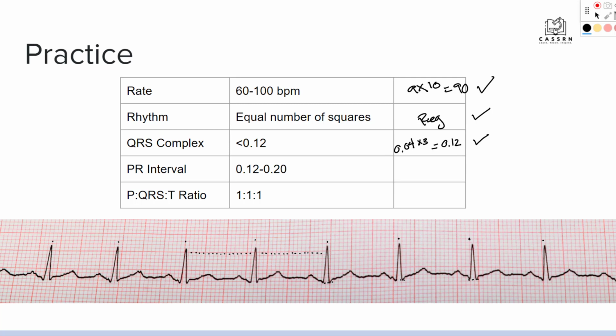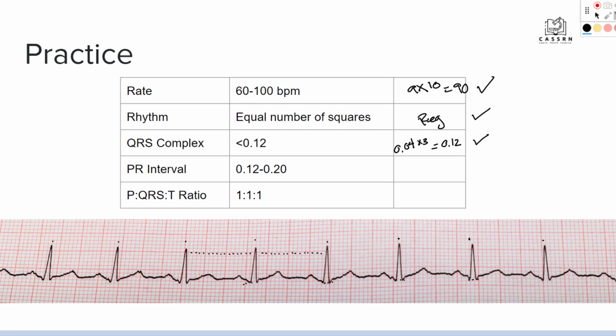Then we want to check our PR interval. So this is going to be the space with the P, which this is the P wave right here, to where it starts. And we also want that to be between 0.12 to 0.20. So we're going to come down here again and we're going to count. So our P waves right here, we're going to go 3.